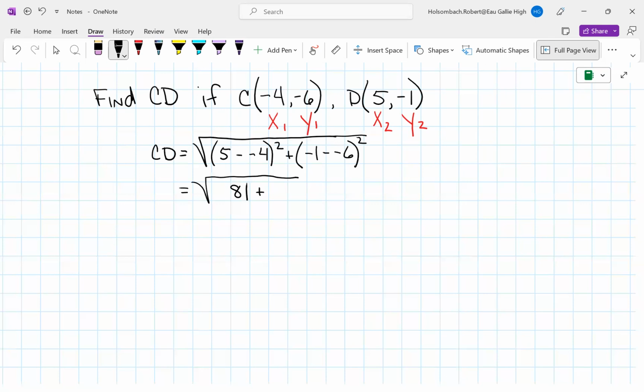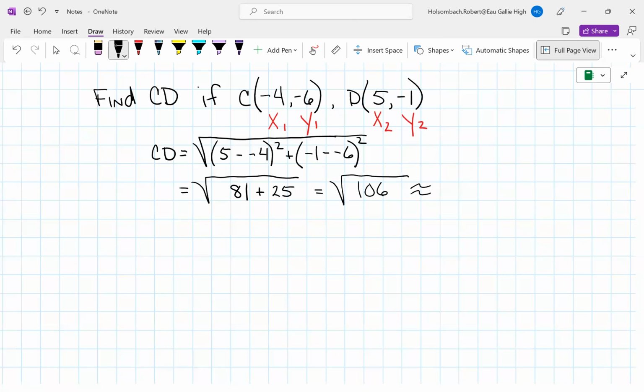So we got negative 1 minus negative 6, which is equal to 5. And again, we push the x squared button, and that's 25. So we get the square root of 25 plus 81, which is 106.